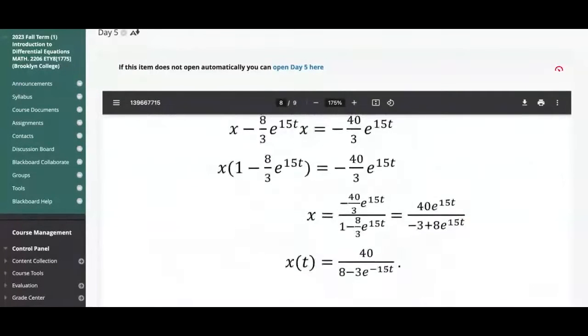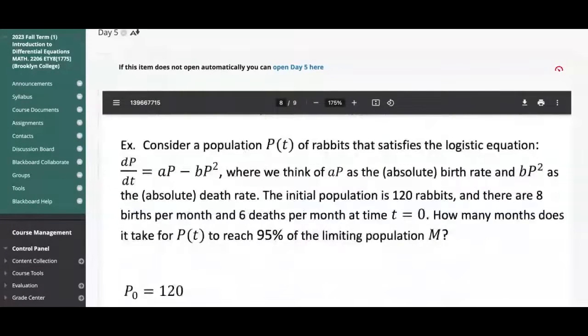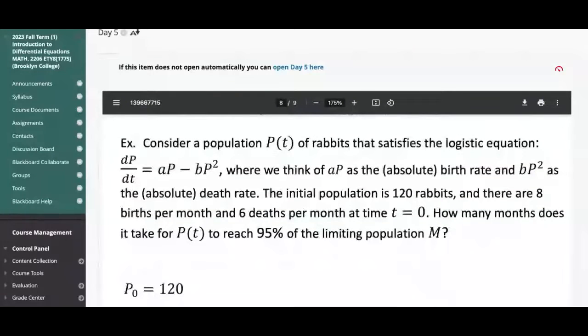Okay, so this one is saying, consider a population of rabbits that satisfy the logistic equation. We derived it before: dP over dt equals AP minus BP squared, where we think of AP as the birth rate and BP squared as the death rate.